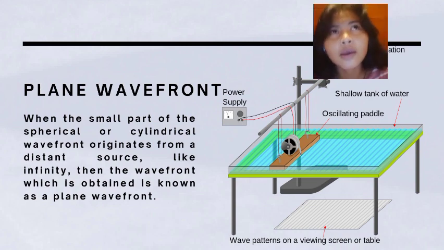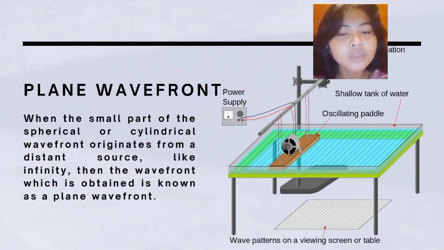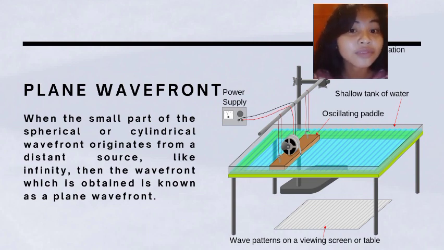And then we were able to obtain the wave that has been generated because of the source of light. So this wave that has been created by the source of wave, these are called plane wavefronts. So on this part, the plane wavefront in here is the rays of the sun.